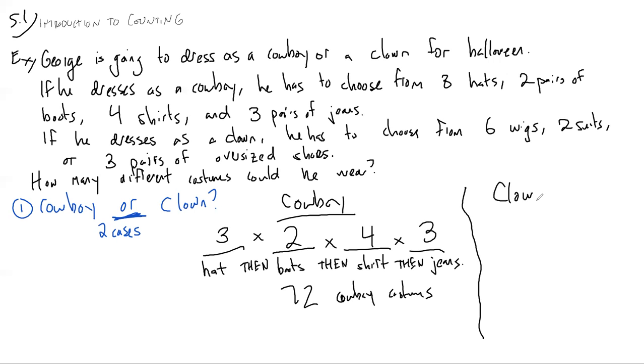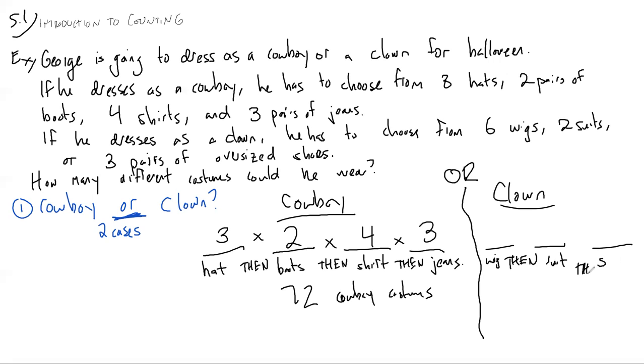And for the clown costume, remember there's a big or between that. So same thing for the clown costume. The numbers are all different, so we do have to treat them separately. So I'm going to choose my wig. Then I'm going to choose my suit, those big, ridiculous clown suits.